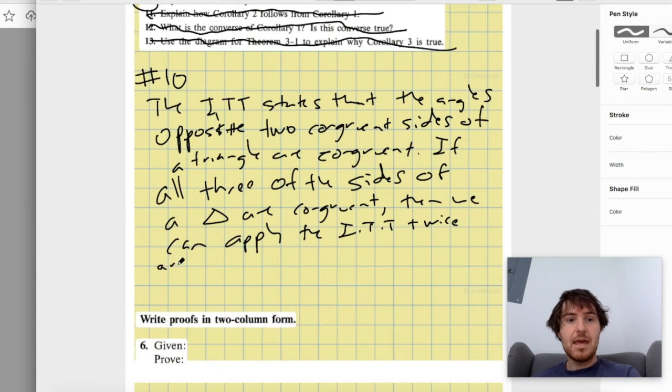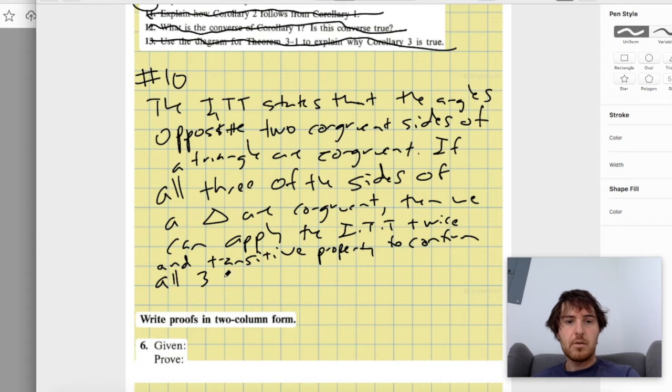And the transitive property, I'm getting kind of ahead of ourselves here. I'll draw a diagram in a second. Transitive property, to confirm, all three angles would have to be congruent.